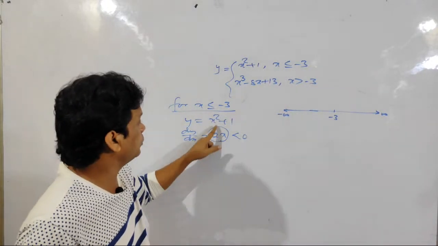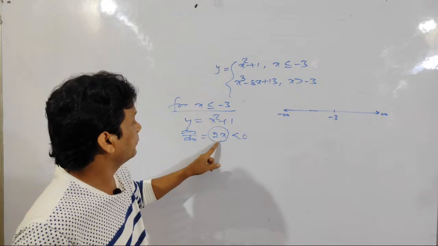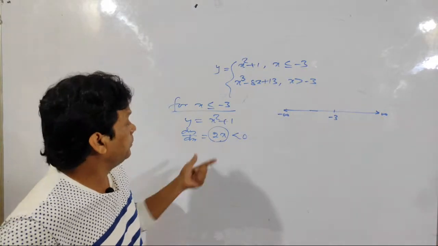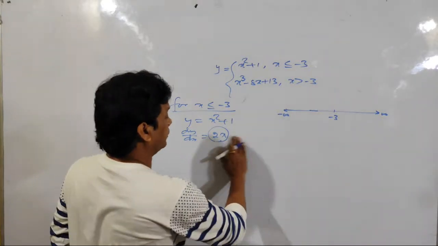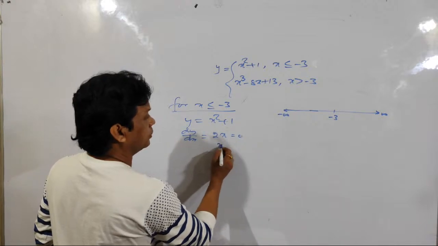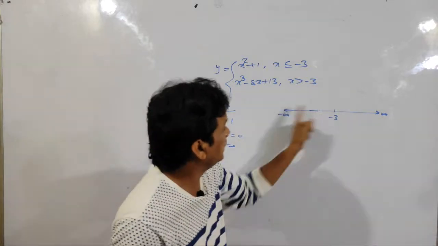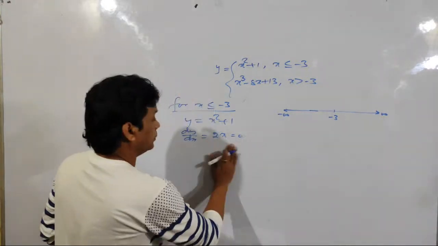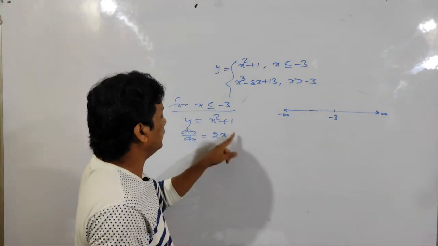If you find derivative equal to 0, first of all you have to find out derivative equal to 0. If you put derivative equal to 0, then x is equal to 0. But x is equal to 0 is not there in this interval. 0 is on the other side of the interval. So there is no necessity of derivative equal to 0.